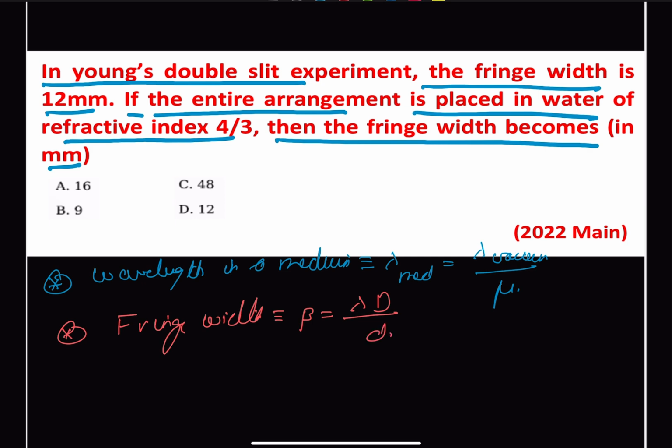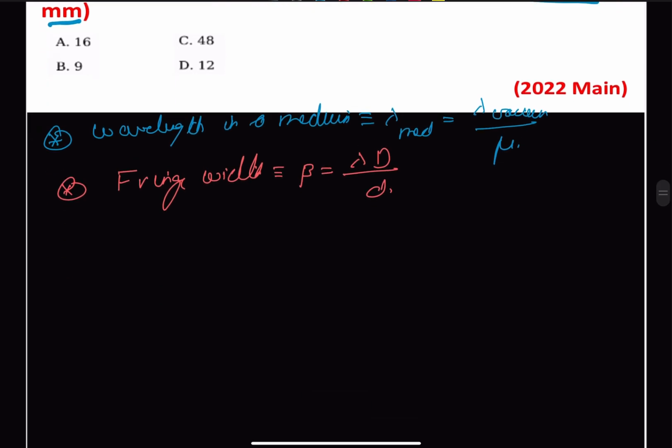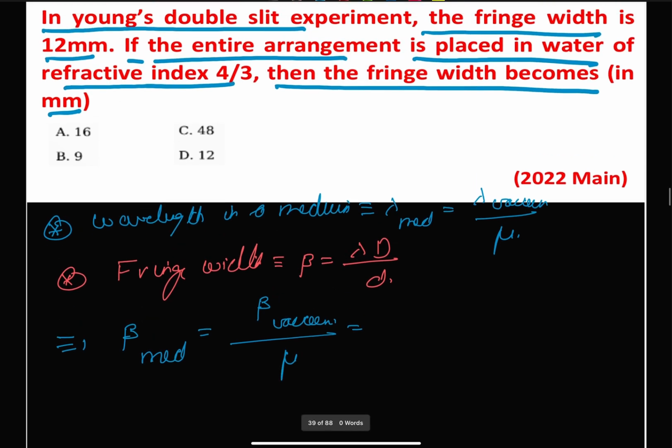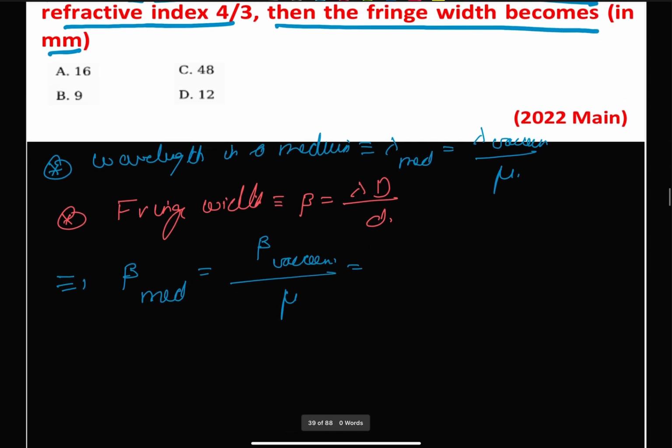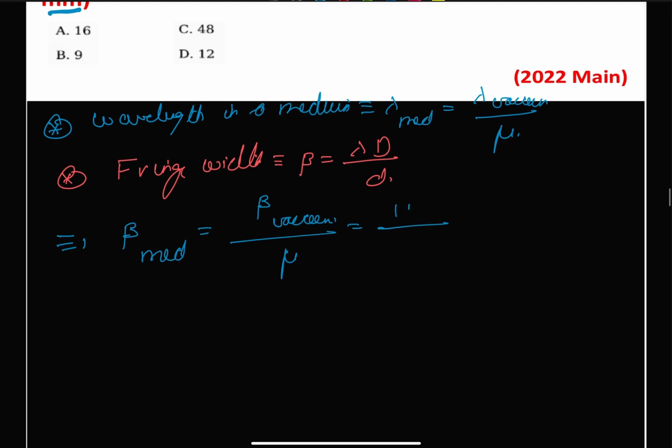So therefore from here we can write that our beta in a medium will be equal to beta in vacuum divided by refractive index, and that beta is given to us as 12 millimeter and refractive index is our 4 by 3.